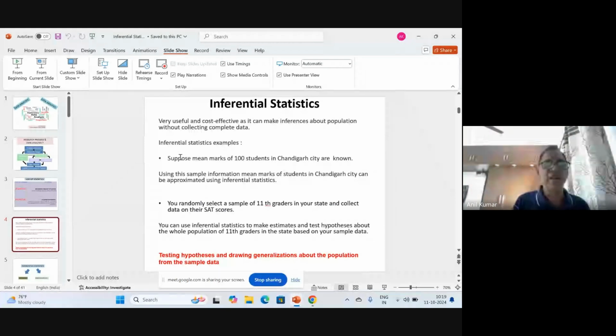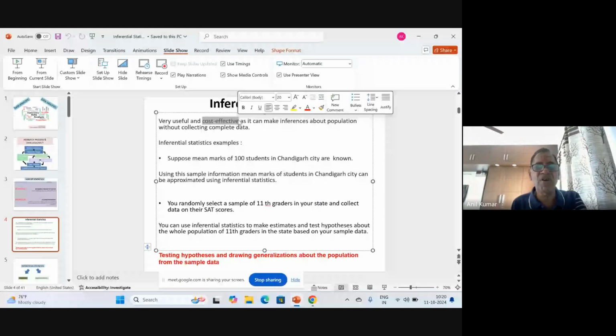And that's why we say, though we do not have large data as far as the population is concerned, through that small data which we have collected through the sampling process, based on that we are saying that yes, these are the population characteristics. And that's why we say it is cost effective. No need to go for whole population data. Simply go for a sample, but the sample should be representative.